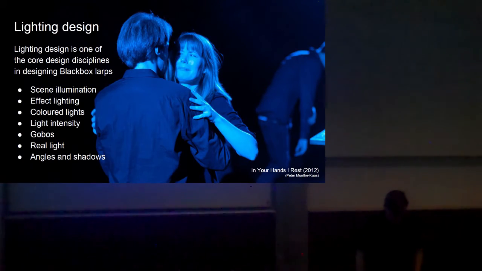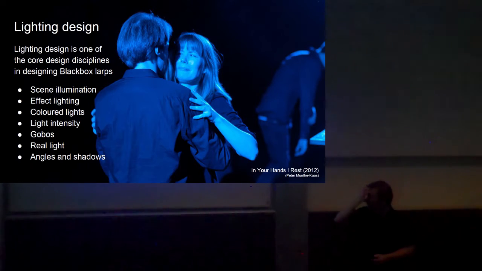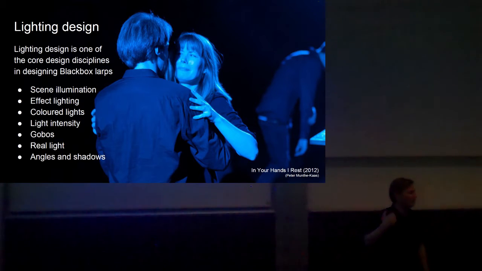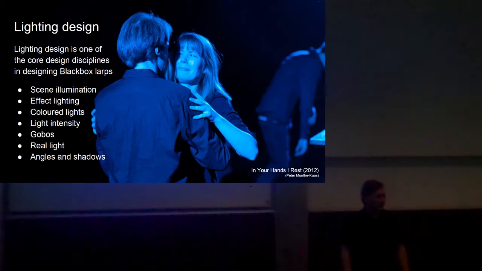Also, lighting design in general is, I would say, one of the major design disciplines in designing a Blackbox Larp. And I've written some points to consider here. Of course, scene illumination, that is just putting some light inside the room so that people can see what they're doing.